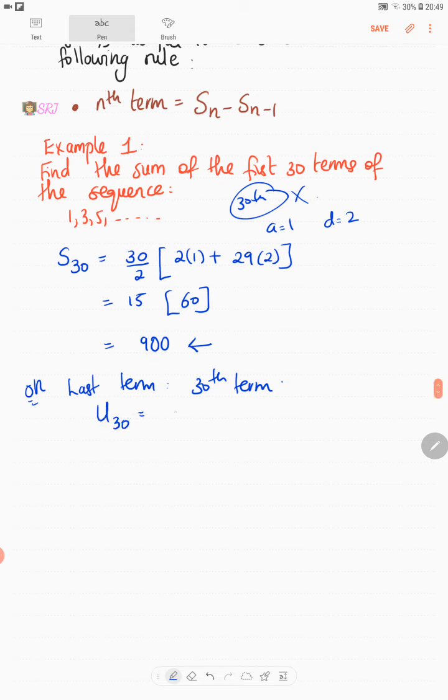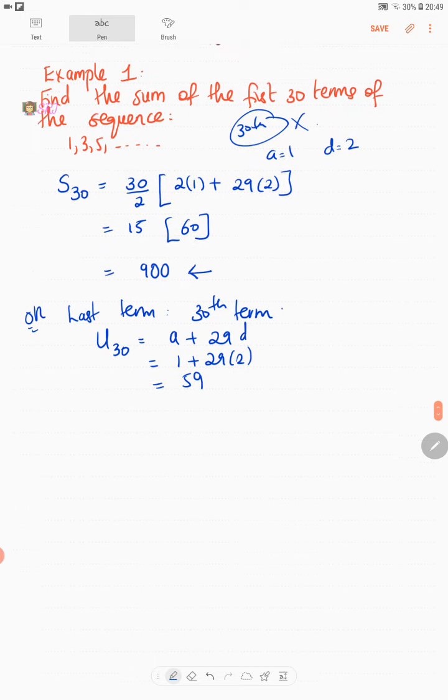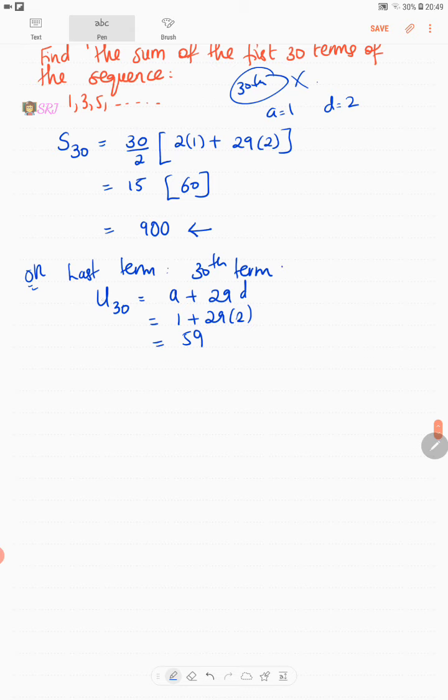And u30 is a plus 29d. We obtain 1 plus 29 times 2. 58 plus 1 is 59. So now we know the last term of the sequence.